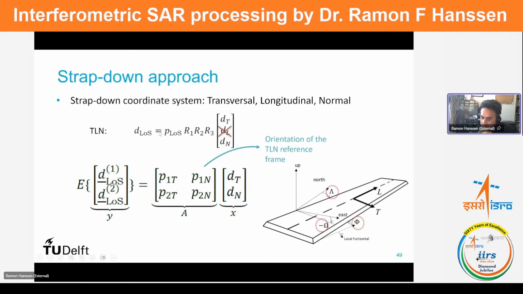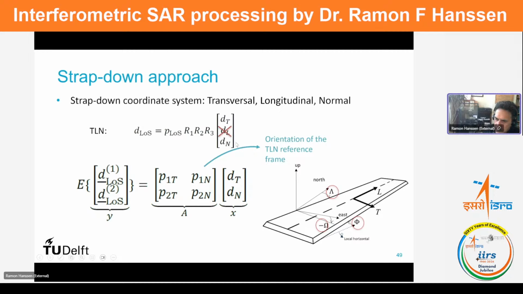Now, then we can do basically the same thing as I showed you before with my projections for east and north, but now in this equation where we have two observations on the left-hand side, ascending and descending, and we have two unknowns, the transversal and the normal components. And then with the projection, I can perfectly estimate that. There's no problem here. So basically, I'm ignoring the longitudinal component.